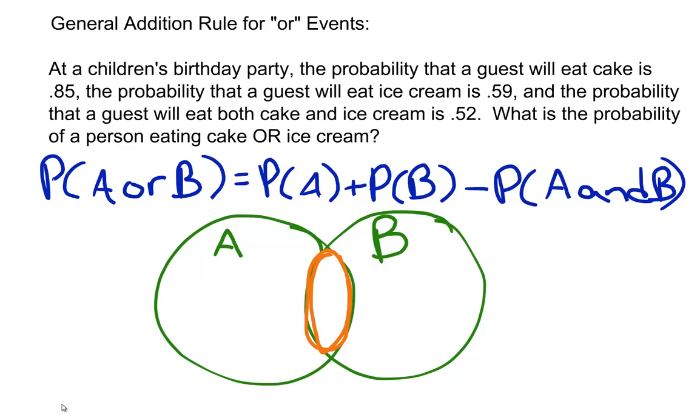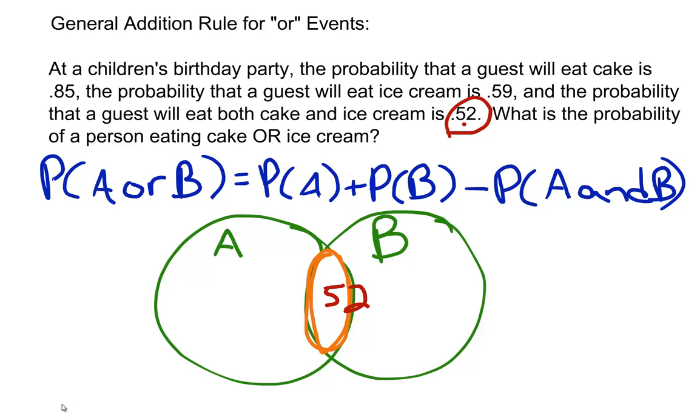When working with Venn diagrams, it's always easiest to work from the inside out. So I know that the probability of both is 0.52. That's the probability that a guest will eat both cake and ice cream.